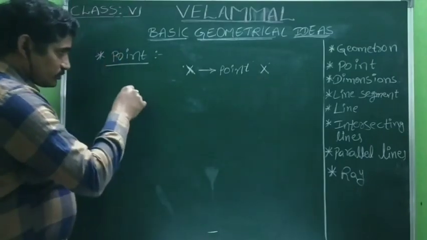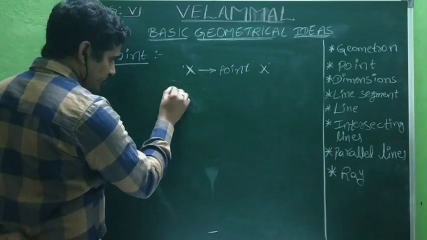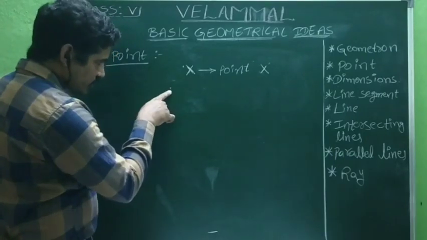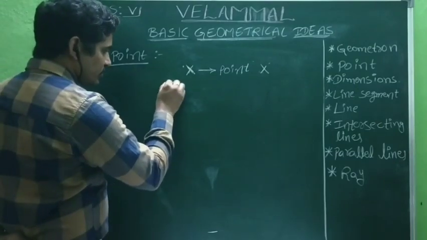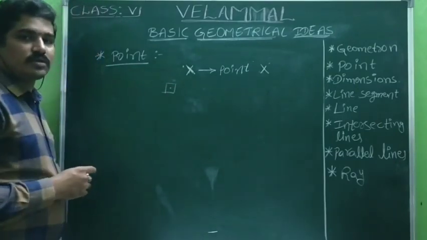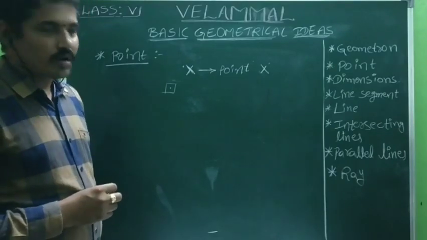Now we should know the dimensions. Any point you take, you are able to see it, but actually the dimensions of the point are not there. That means a point doesn't have any thickness, breadth or length.